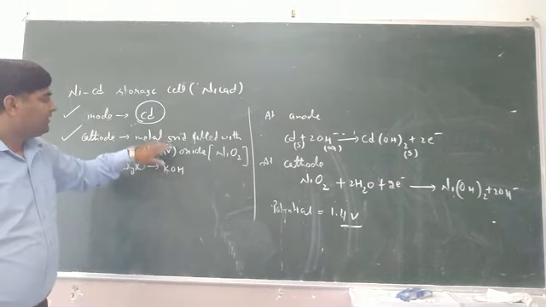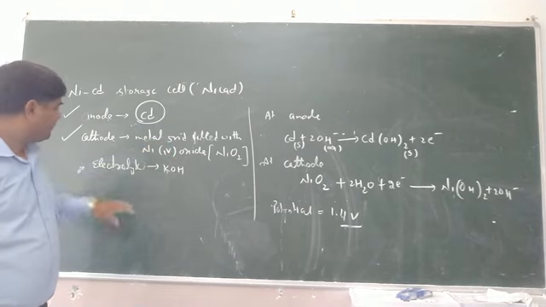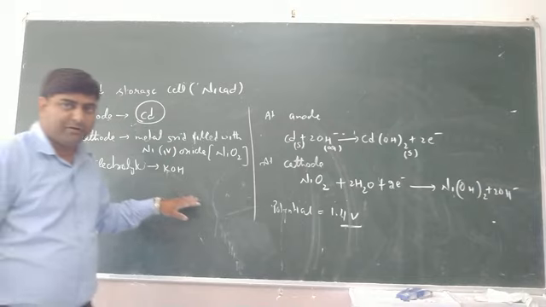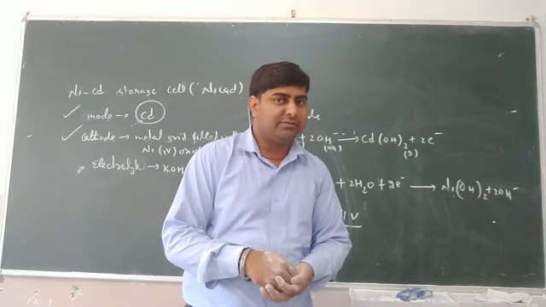Cathode is metal grid filled with nickel dioxide. Electrolyte is KOH. Both the electrodes are immersed in KOH.